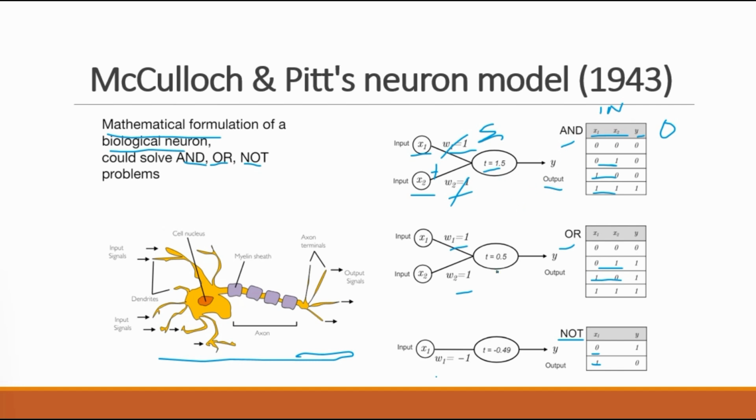Similarly, you can implement an OR function by changing the threshold to 0.5, and you can also implement a NOT function by, for example, changing the threshold to minus 0.49 and having the weight of -1. This is maybe already too much detail, but it is an example of how the mathematical neuron model could represent AND, OR, and NOT functions.